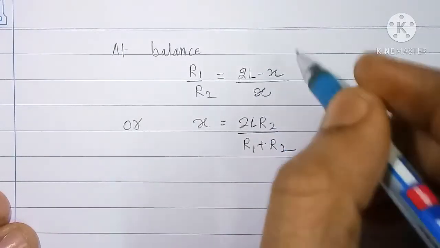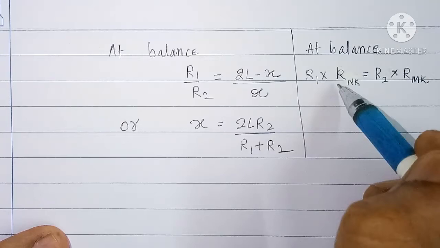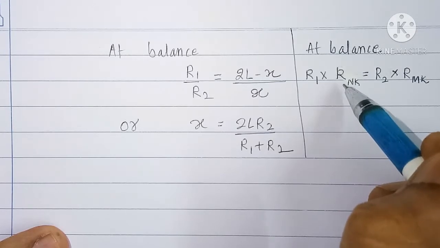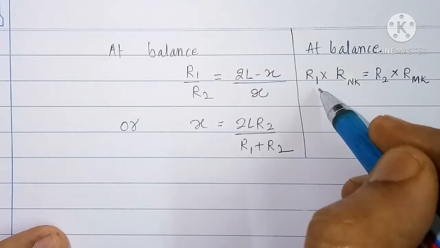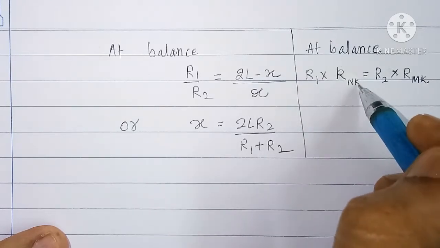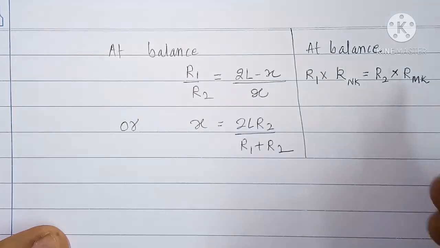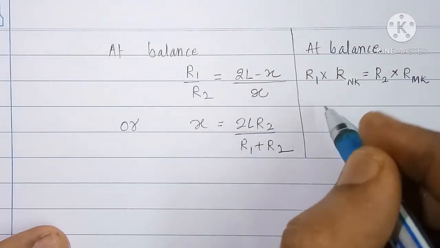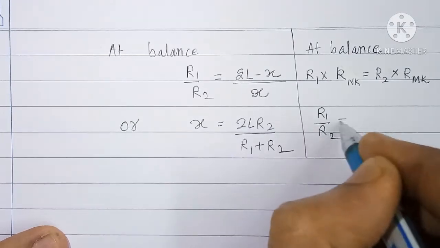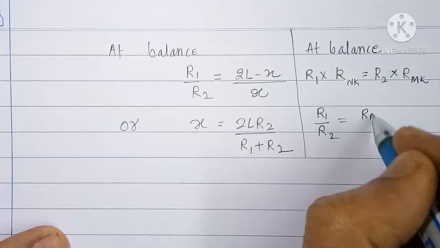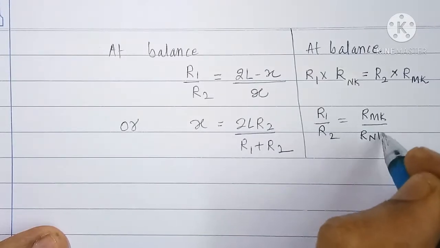Why we are writing this ratio here? Because we know that at balance, the product of resistances in opposite branches are equal. So R1 into Rnk is equal to R2 into Rmk. Or you can say R1 by R2 is equal to Rmk by Rnk.